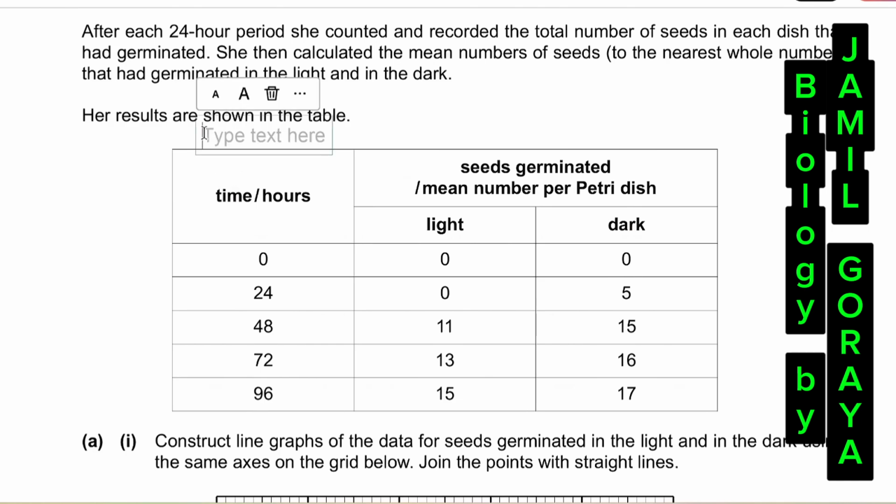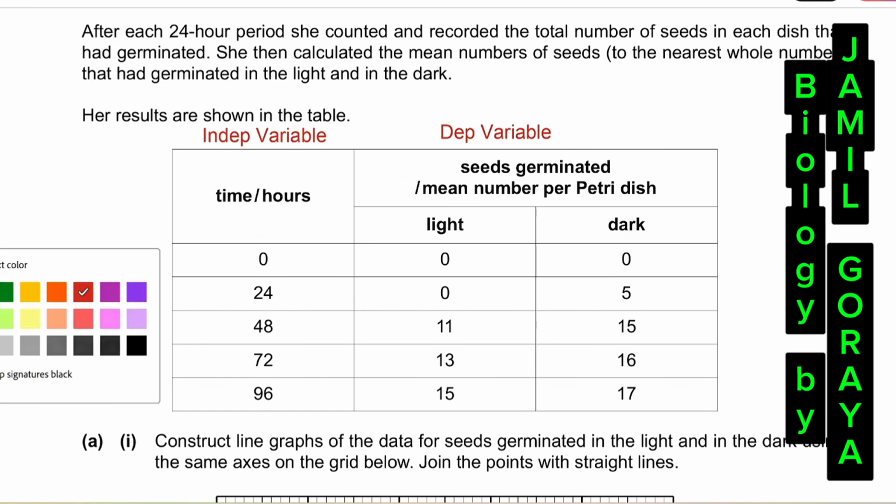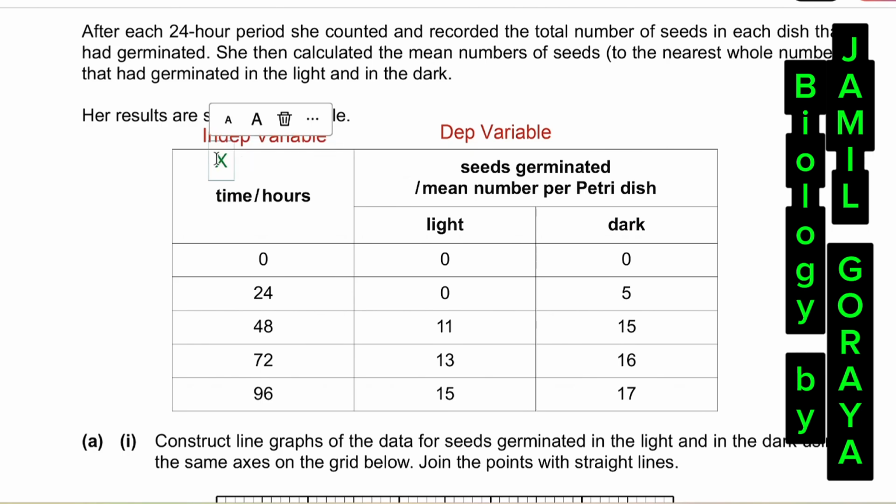So this is independent variable, and the rightmost column, seed germinated, these are indicating dependent variable. The independent variable is always plotted on x-axis, and the dependent variable is always plotted on y-axis.